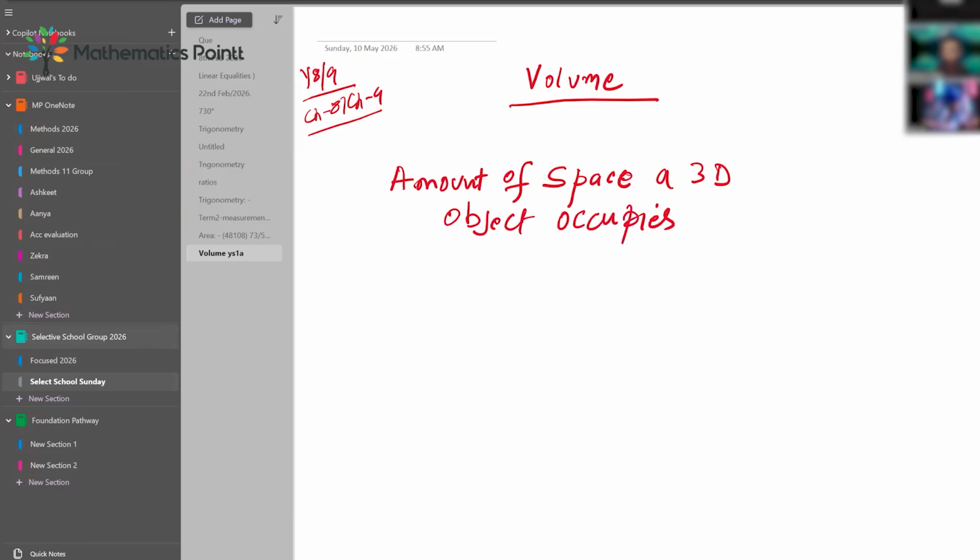It's as simple as that. It can also be, maybe I can say in layman terms, how much liquid can a 3D object hold? Capacity, maybe, right?